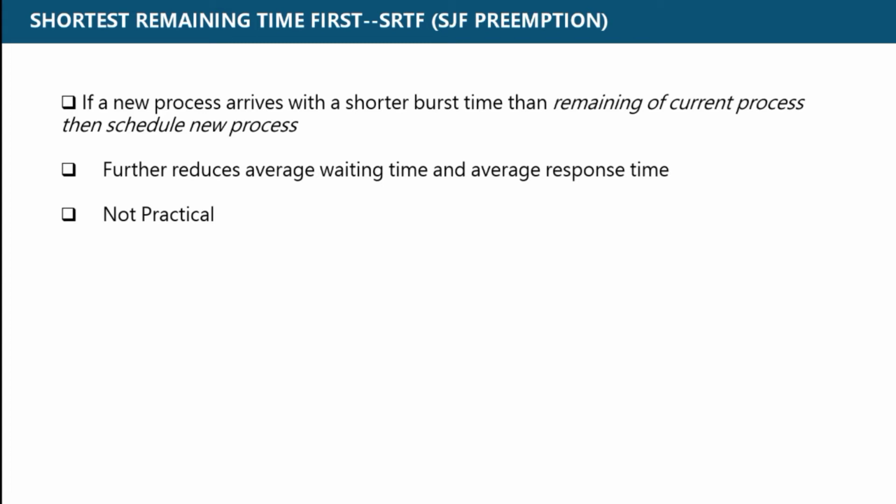So this is what we consider the shortest remaining time first, and it allocates another process. It further reduces average waiting time and average response time, but it is not practical, because we cannot know the future total average waiting time, since it allocates another process and then goes back again to the first process. So the same as what we had earlier.